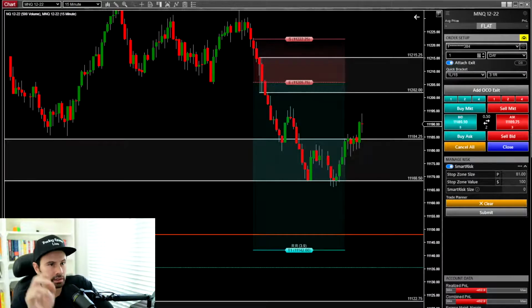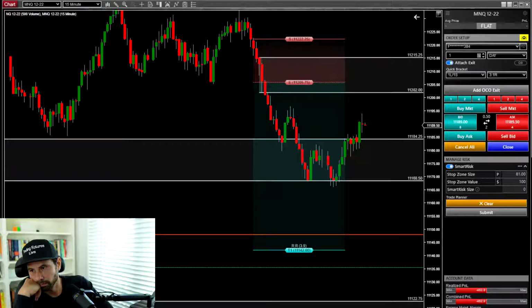So now the tick chart is rejecting the zero line. That's not good for the short. Let's see if we can have some follow through.